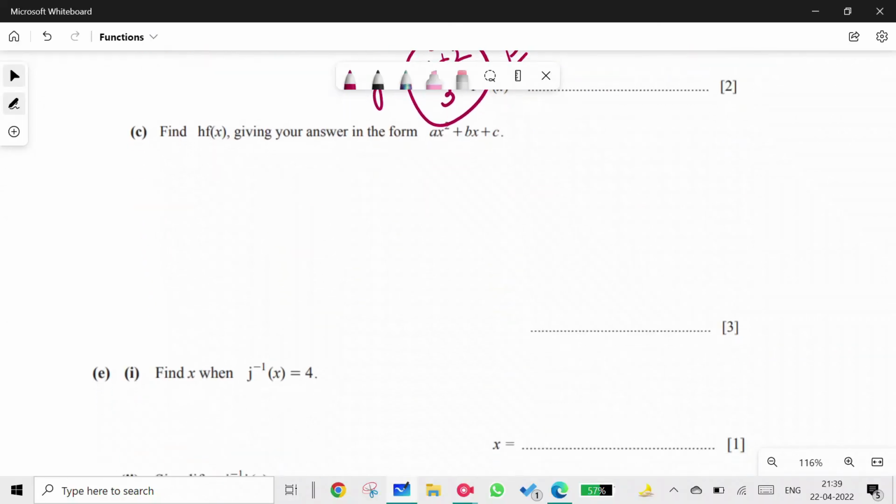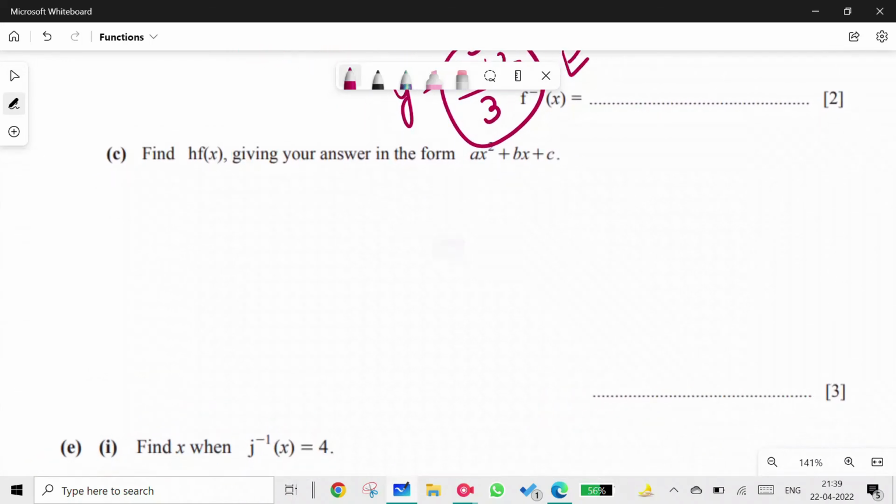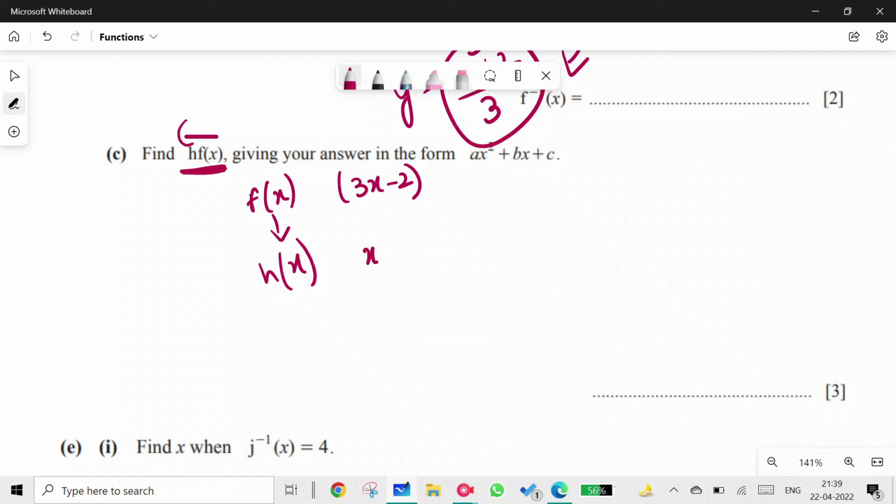Next, we have find h of f of x, giving your answer in the form ax squared plus bx plus c. So here this is a composite function, and always again start from the right. So you're going to take f of x first and then substitute it in h of x. So f of x is going to be substituted in h of x. So let's do that. F of x here in the question is 3x minus 2, and you're going to substitute it in h of x, which is x squared plus x.